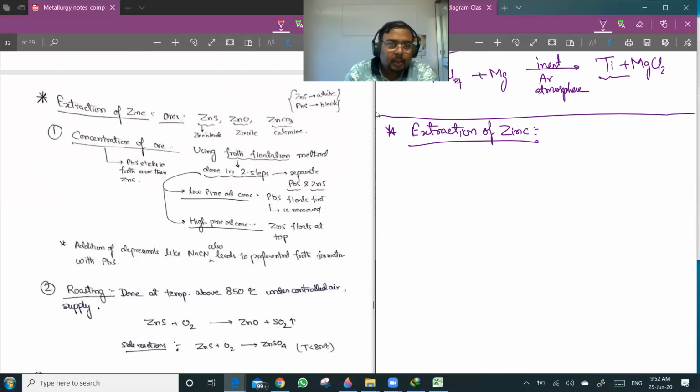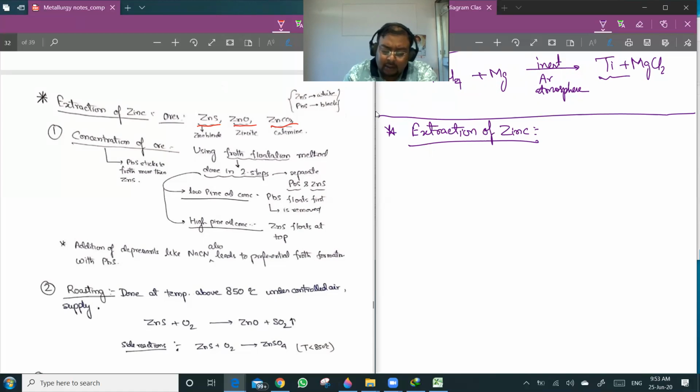Zinc mainly has three ores: zinc blende, ZnS; zincite, zinc oxide; and zinc carbonate, ZnCO3. But zinc sulfide is the main ore. It occurs in the form of wurtzite as well as sphalerite. One has an HCP structure, another has a CCP structure. Wurtzite is HCP. These things we will discuss in solid state.